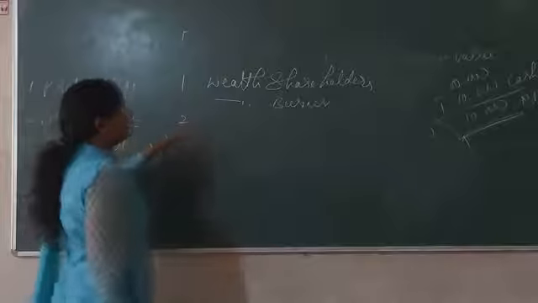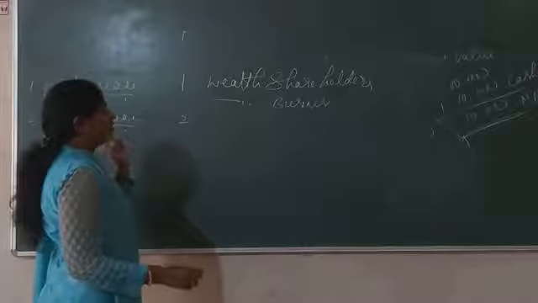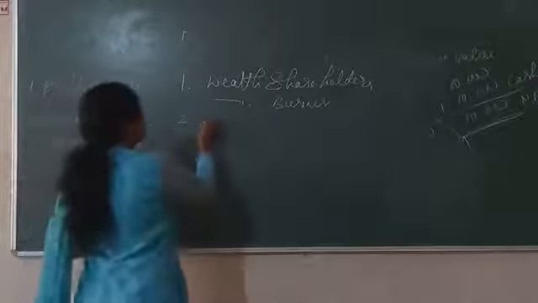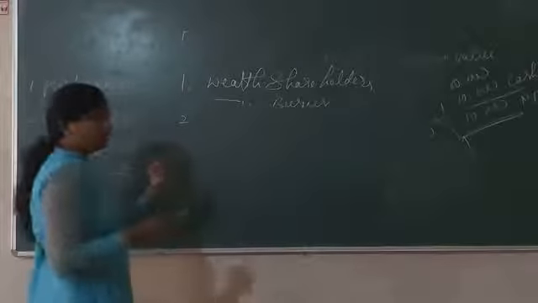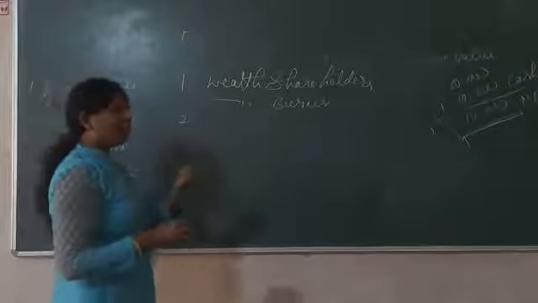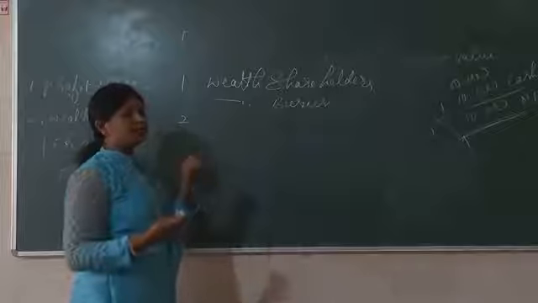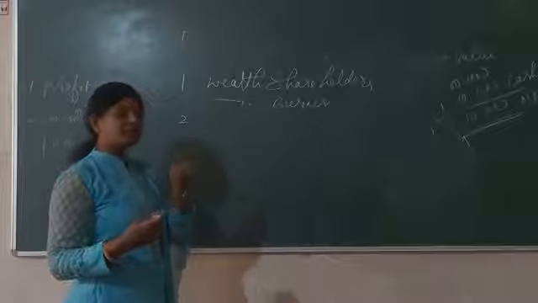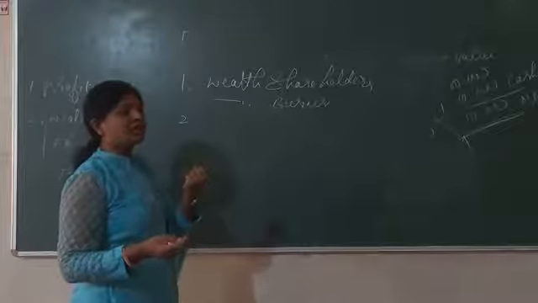And the second advantage is that wealth maximization takes into consideration what operations take place in the business entity and how much total cost is incurred in the business entity.